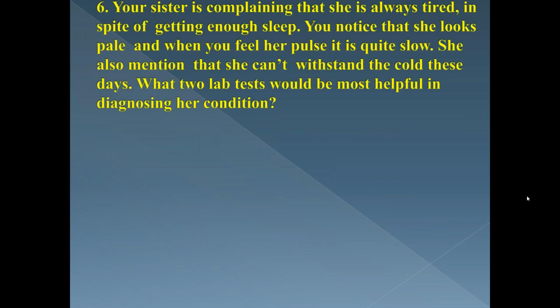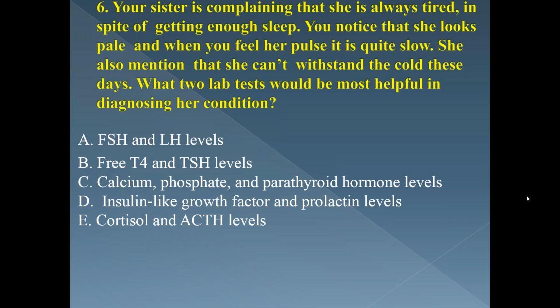Your sister is complaining that she is always tired in spite of getting enough sleep. You notice that she looks pale, and when you feel her pulse, it is quite slow. She also mentions that she can't withstand the cold these days. What 2 lab tests would be most helpful in diagnosing her condition?